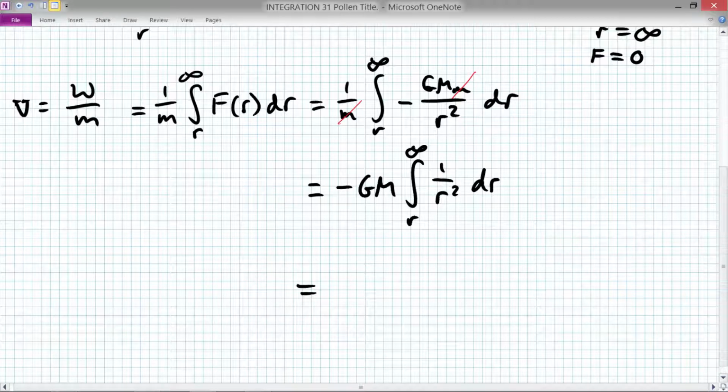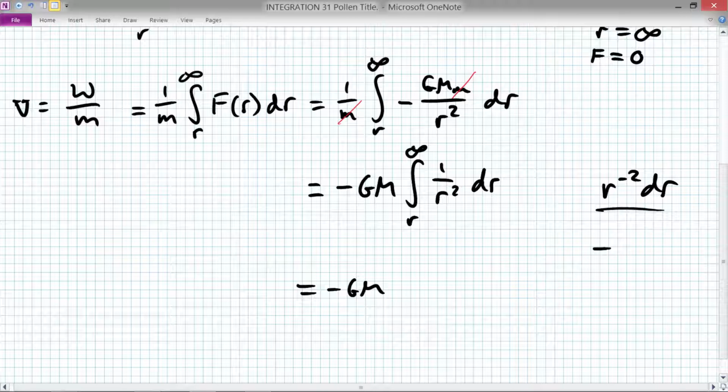So if I perform this integral then, that's minus GM. The integral of 1 over r squared is the same as integrating r to the minus 2 dr. So same rules as always, you raise the power and then multiply by that factor.